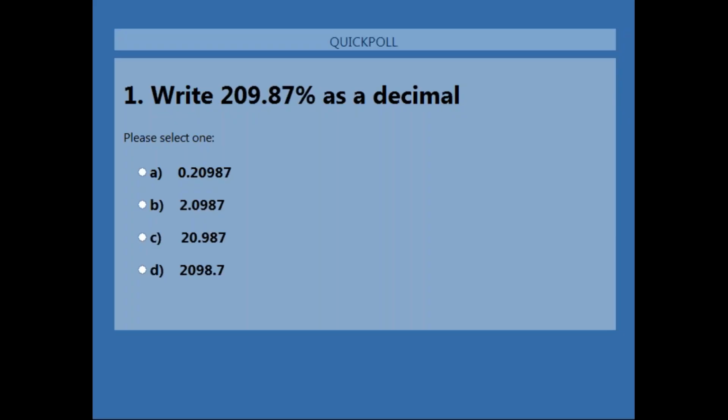Okay, now you see the question, and you'll be able to click on the answer that you think is correct. Okay, remember, participation is encouraged.